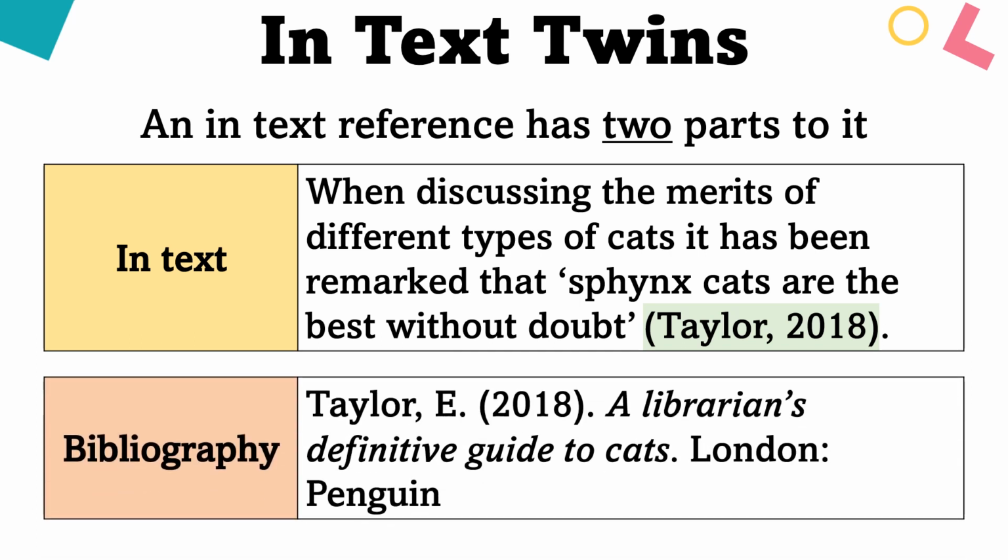The second is the full reference which features in our bibliography. As you can see, we still need the full details of a source to write our bibliographic reference, so don't think if you're doing in-text referencing you can get out of writing these down. Make sure these are noted, as you still very much need them.